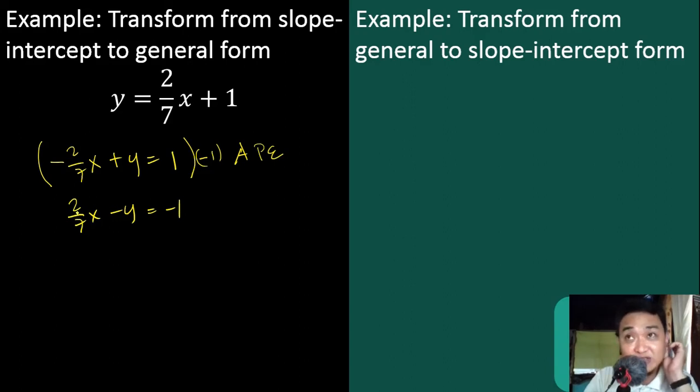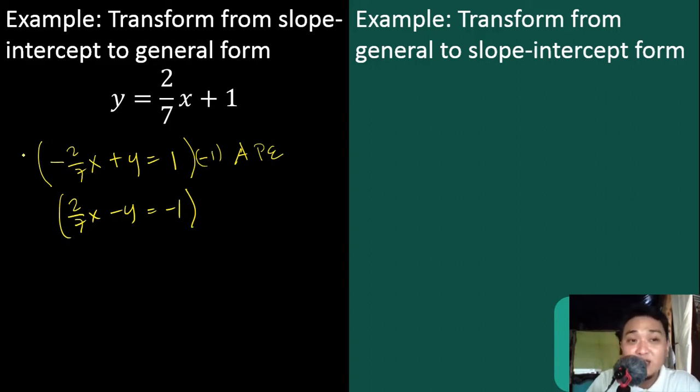Yung fractional value ni a. So, ang gagawin natin, let us multiply everything by 7. Actually, pwede namang sabay. Pwede natin gawing i-multiply everything by negative 7. Pero ang gusto ko lang, makita nyo muna, step by step, kung anong nangyayari dun sa ating equation.